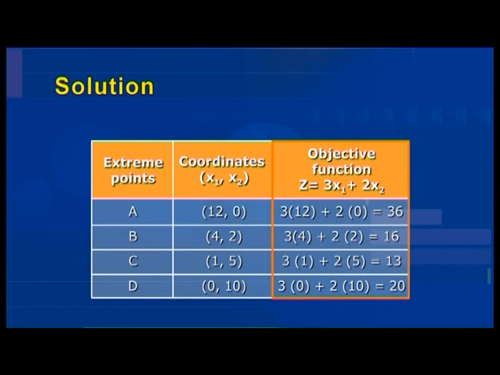The third column shows the objective function value Z = 3x1 + 2x2. For A (12, 0), the value is 36. For B (4, 2), it is 16. For C (1, 5), it is 13. And for D (0, 10), it is 20.